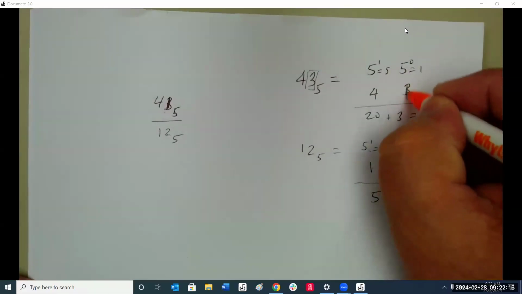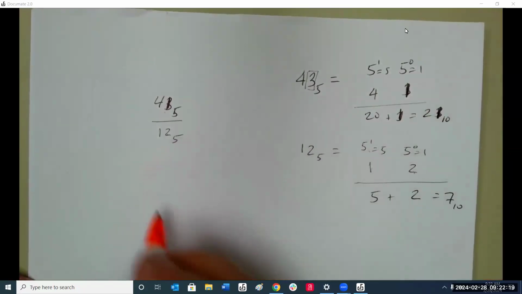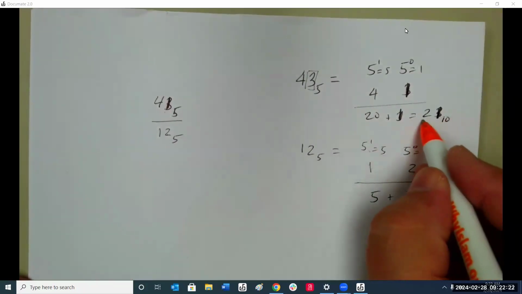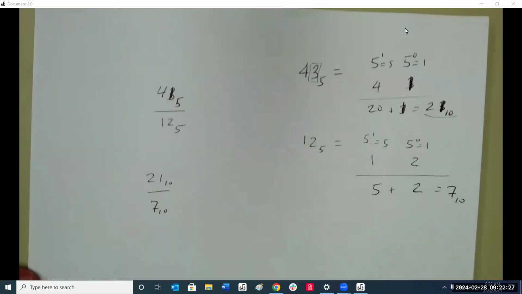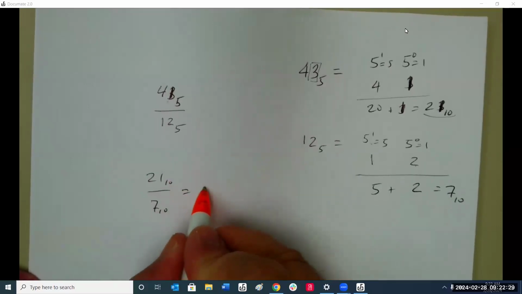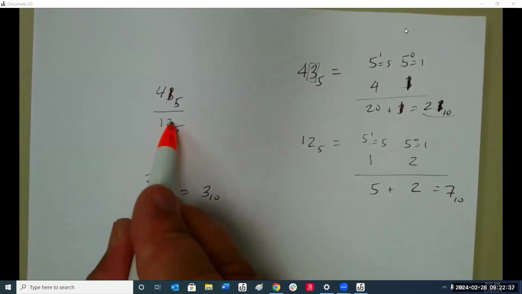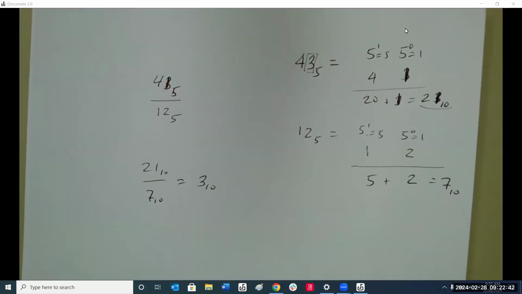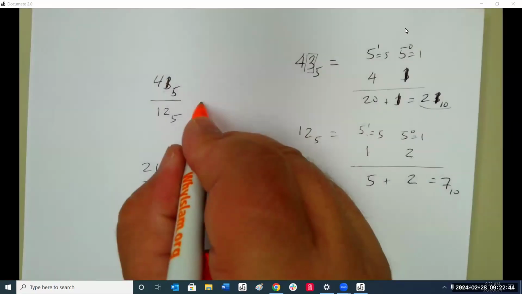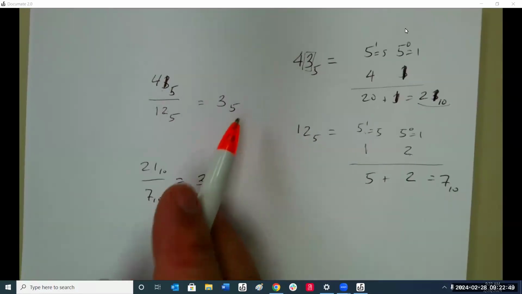I'll show you how, because we have a shorter time. So it's going to be 21 over 7. What is 21 over 7? 3 base 10. So how would we represent 3 in base 5? Because it's in the ones column. It's not bigger than 5.